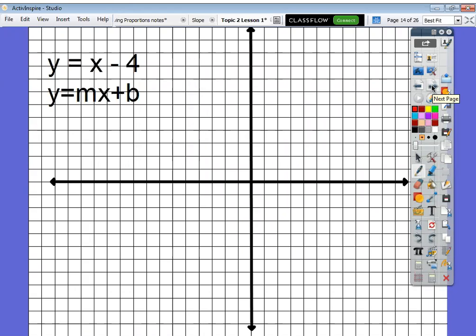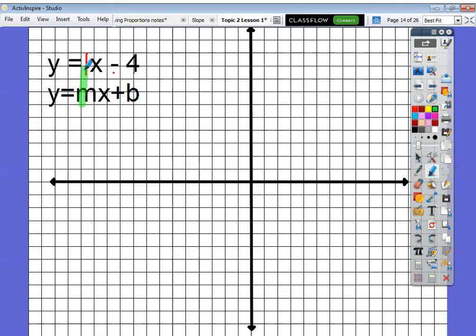Here's my equation. My equation is y equals x minus 4. Oh, I don't see a number where m should be. So what would be the invisible number in front of x that when you multiply it by x, it still gives you x? A 1. So look, ready?